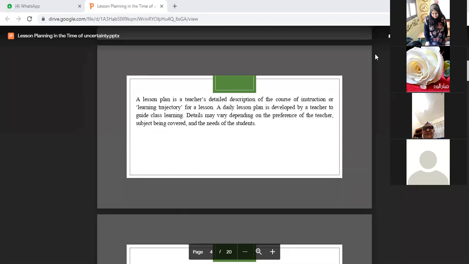But if you have the CILTA, you're going to find that they care a lot about lesson planning, and their lesson plans are very much detailed. They care a lot about the details of everything that you're going to say in the class with the students. So if I'm going to talk about the types, I'm just going to keep it to the detailed and the semi-detailed.